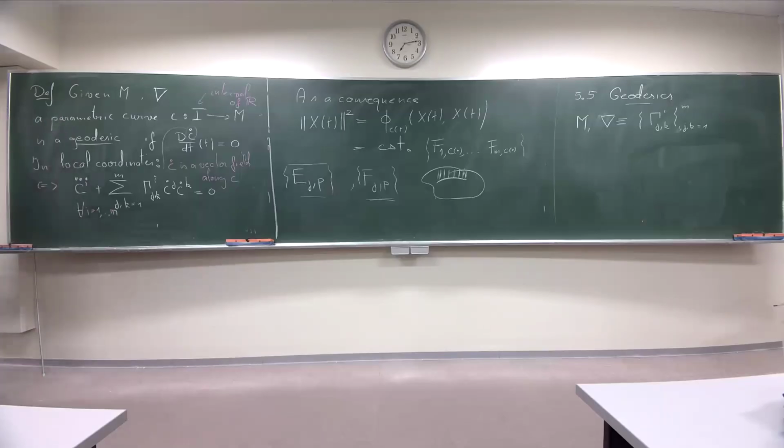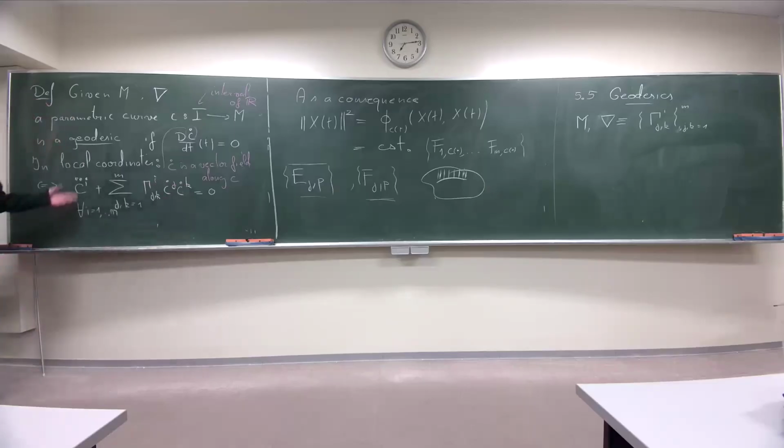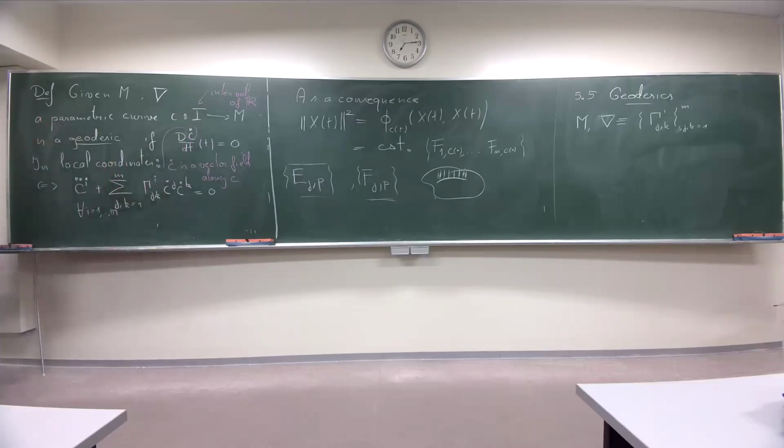This is what I recalled at the very beginning, not for this one, but for an arbitrary vector field, written in terms of the functions bj or bk. I had something with the derivative of bj, and here I had a bj and a c dot k. So now if I replace precisely Y by its derivative, it makes two derivatives, and the bj is replaced by cj dot. So it's just the same formula as before, except that I don't choose an arbitrary vector field Y, I choose the tangent vector, and I end up with this.